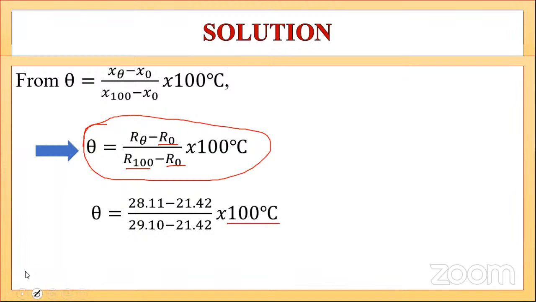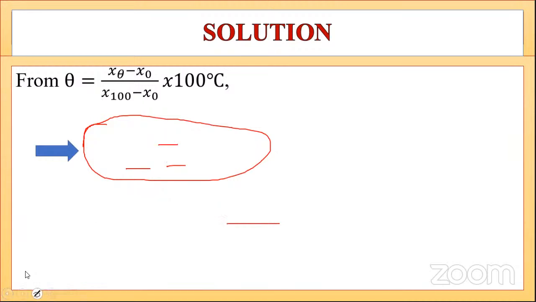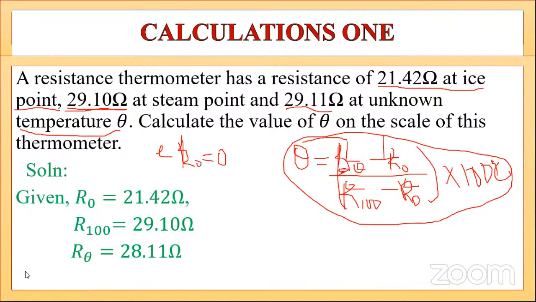Then from there, when you manipulate, who is having a calculator? Excuse me, sir. Was it 28.11, 29.11? Let's get there. It was R theta, R theta 28.11. So the question is saying 29.11. Oh, sorry. This was just the typing error.